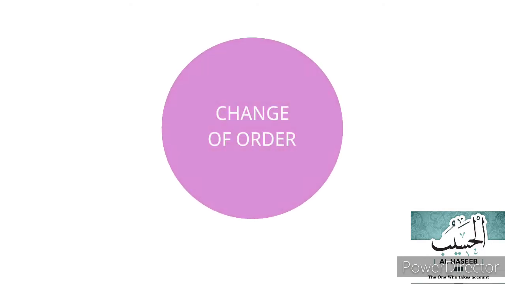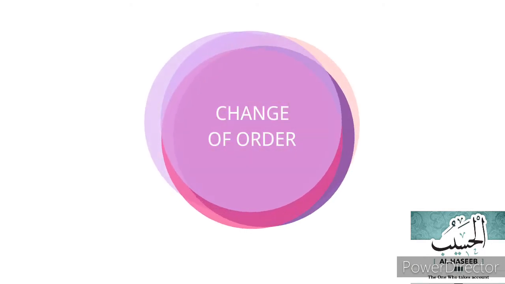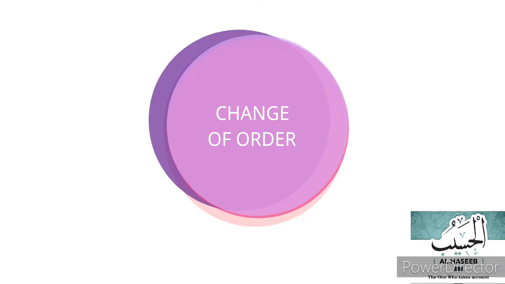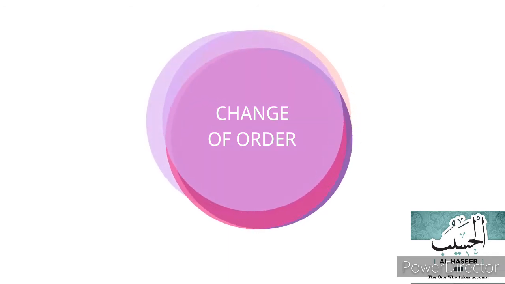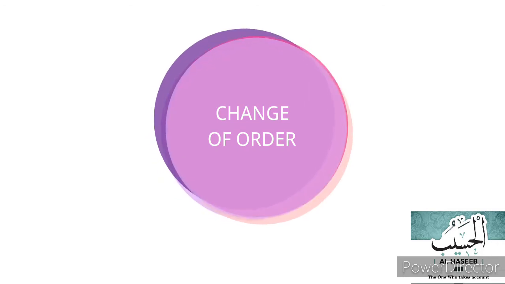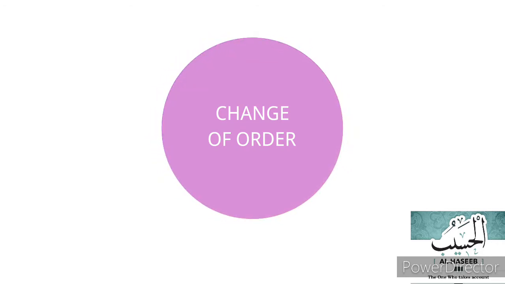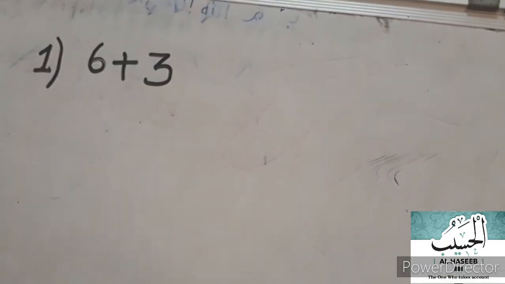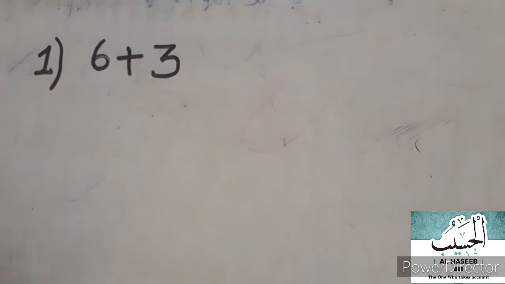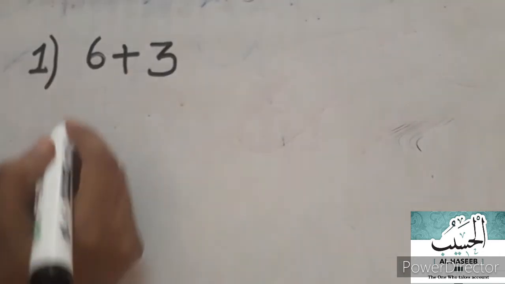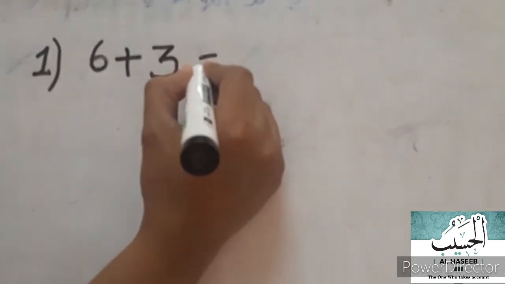Friends, second one is change of order. In addition, if you change the order of numbers, the answer remains the same. Friends, let us check. Here, the number is 6 plus 3. Can we do it? Yes.